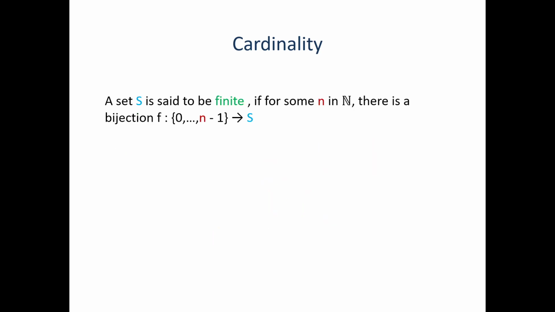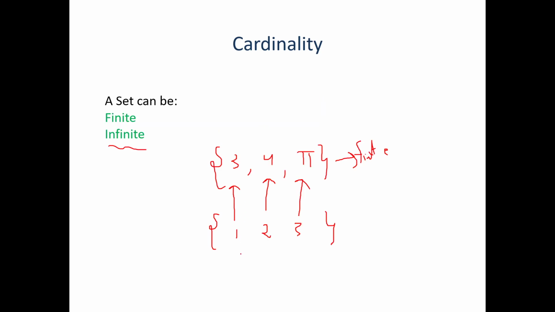So to prove that a set is finite, for some integer n, or natural number, there is a bijection f that takes you from this set to this set. Like before, we were able to find the bijection from the set 1, 2, 3 to this set. So it is finite, and your n here is going to be 3. It's a finite number n.